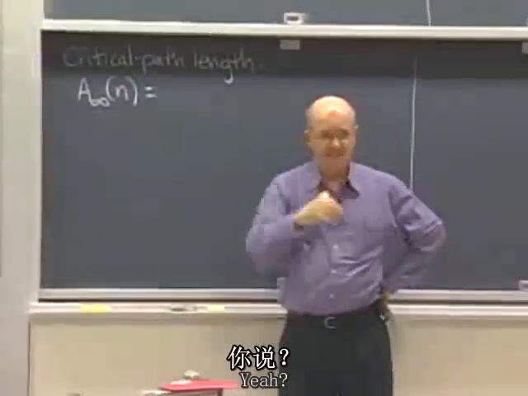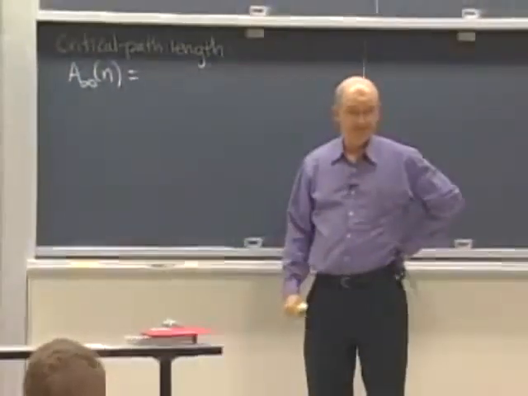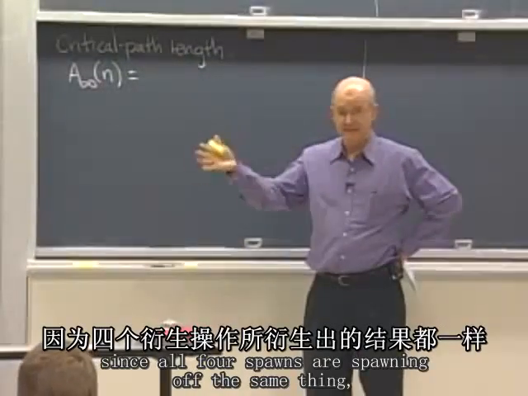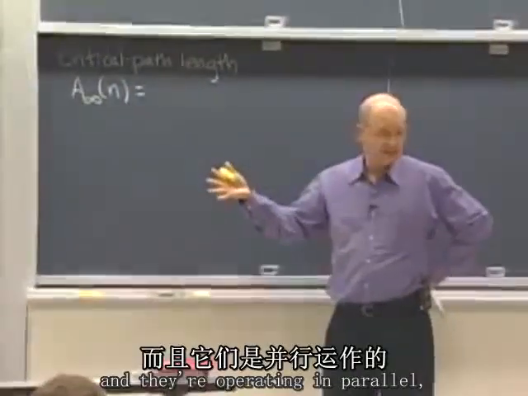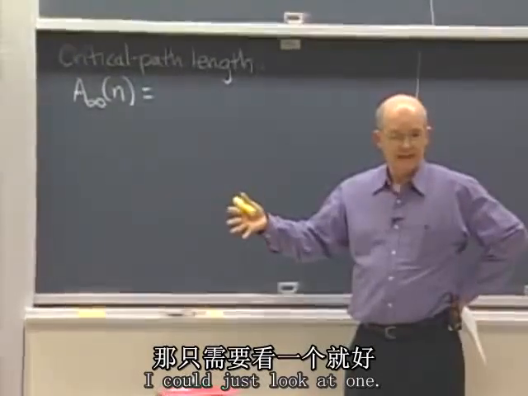Yeah? Since all those spawns are the same, just look at if you had only one. Yeah, since all 4 spawns are spawning off the same thing, and they're operating in parallel, I can just look at one.